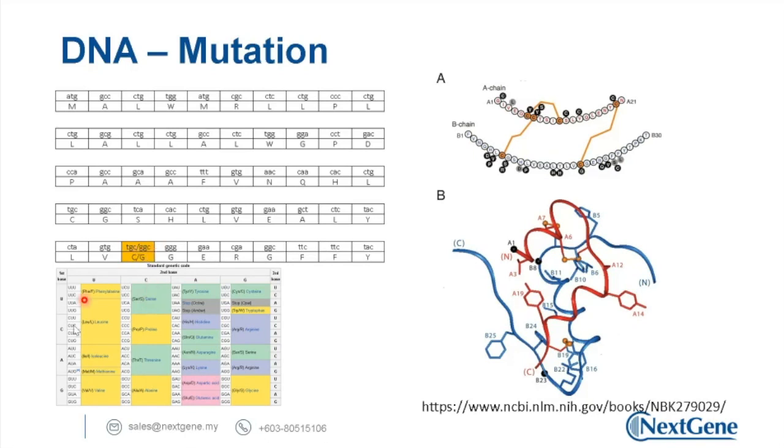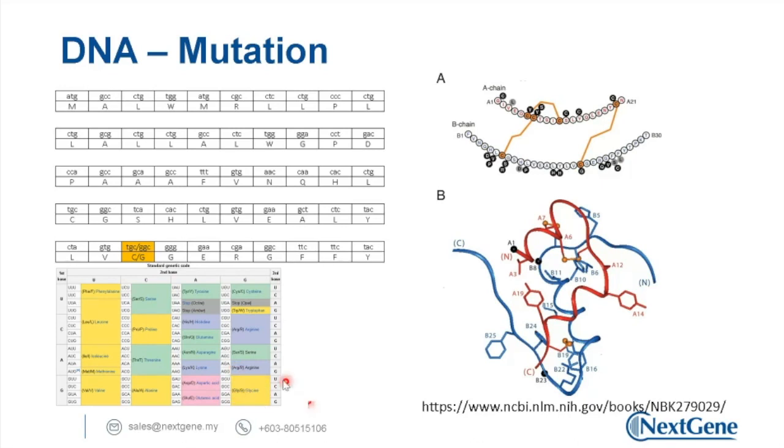When we check through the amino acid table, you can see that TGC originally codes for cysteine. However, when the mutation causes TGC to become GGC, it will become a glycine.